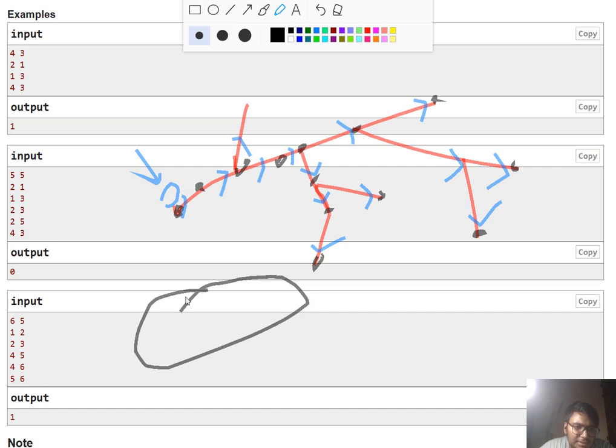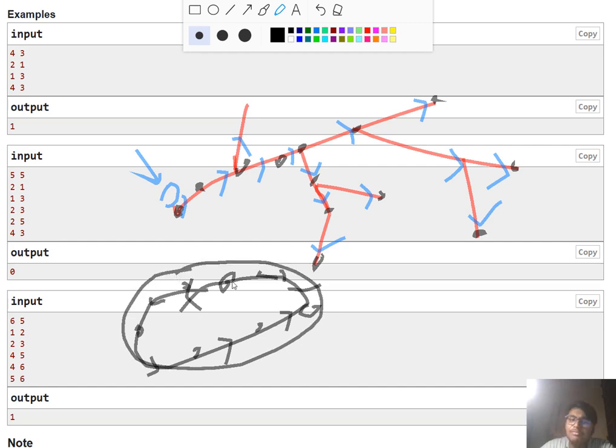When I have a cyclic structure with nodes everywhere, if I try to draw it, here also we have one. But when I have a purely cyclic one, different nodes in a cycle, when I direct it, we can see that I can make in degree one for each and every node. So the answer corresponding to it would be zero.